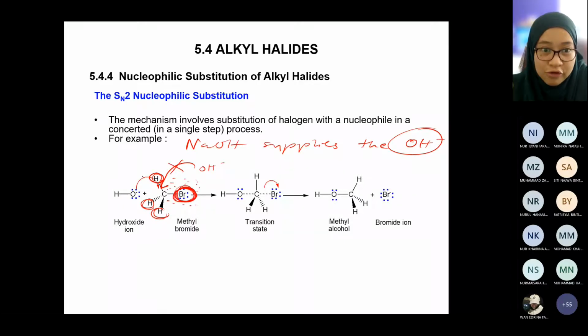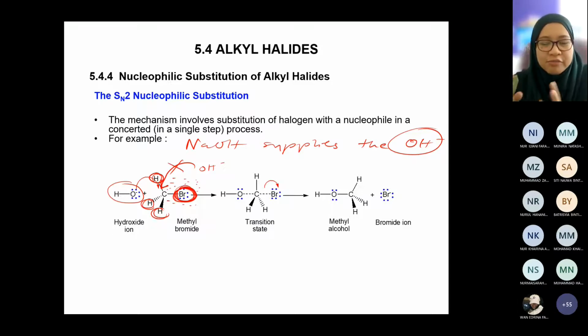So this hydrogen does not have that much of hindered effect on the nucleophile. Dia tidaklah menyusahkan. Dia ada dekat situ, tapi dia macam very mild lah.